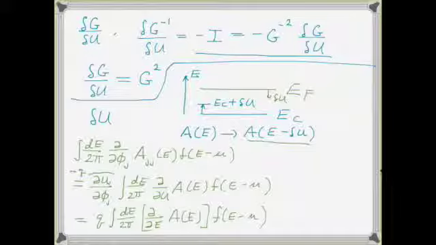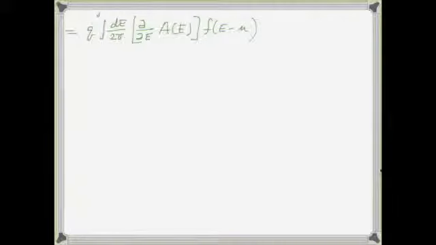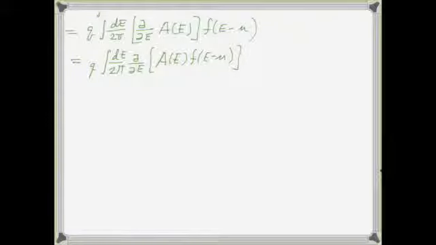And now I integrate by parts, and so that's equal to q times the integral dE over 2 pi of d/dE of the whole thing, minus the integral dE over 2 pi of A(E) d/dE f(E minus mu).